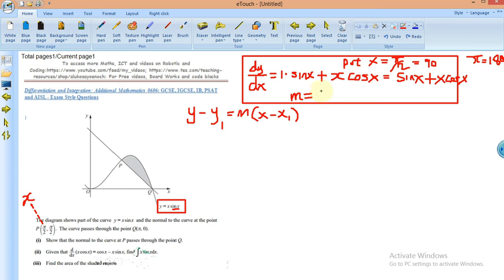So the gradient here is 1. If you want to work with pi over 2, then you have to press mode or shift and work in radian. So the gradient is 1.